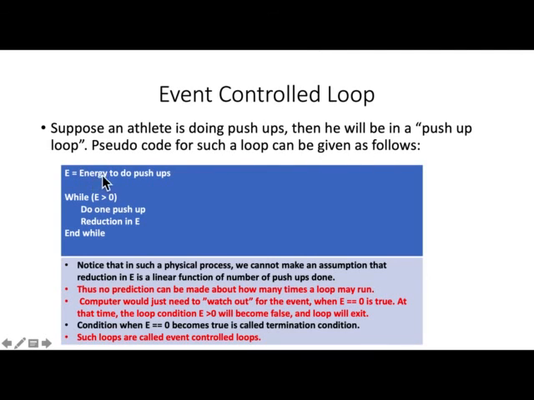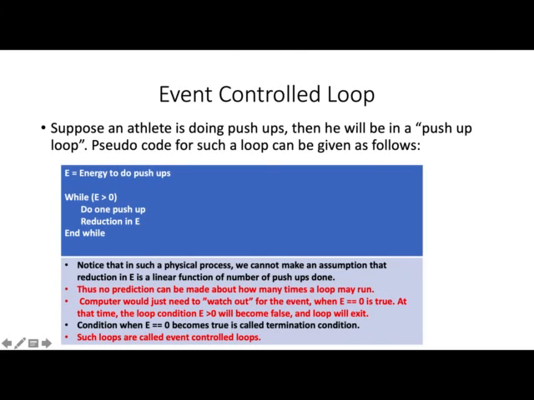E is the total energy to do push-ups. If the athlete can do 100 push-ups, then E is the stored energy for that many push-ups. So our loop is: while E is greater than 0, do one push-up, and obviously you're hoping that there will be some reduction in E. But sometimes it doesn't happen that way all the time.